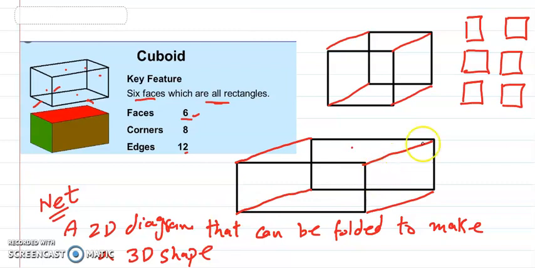So for any particular 3D shape, if we fold it and we get exactly a 3D shape, then we will call that diagram as a net.